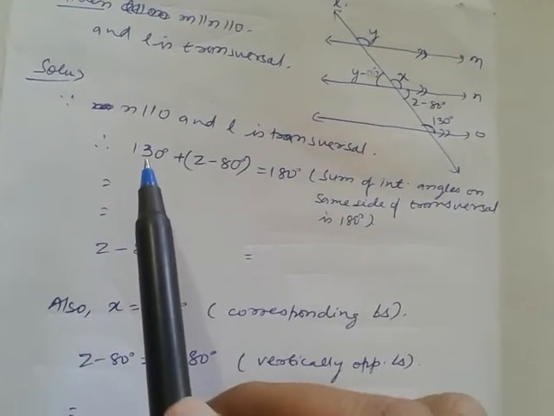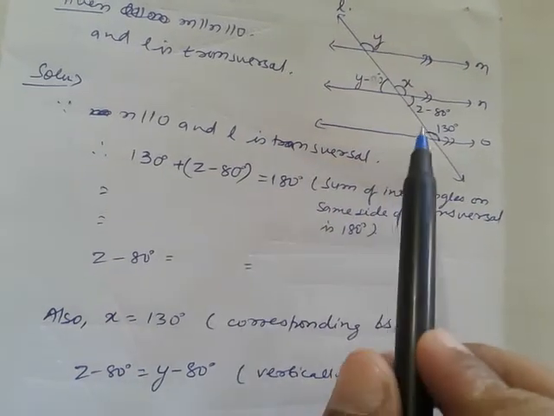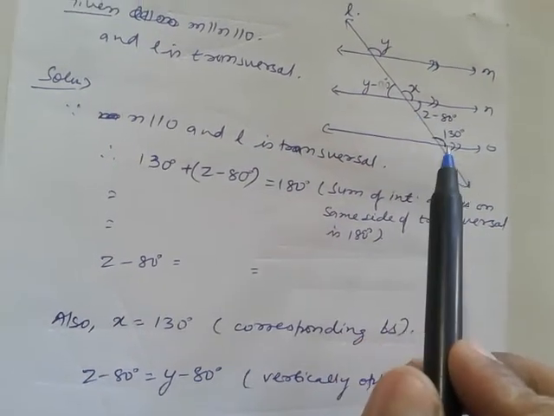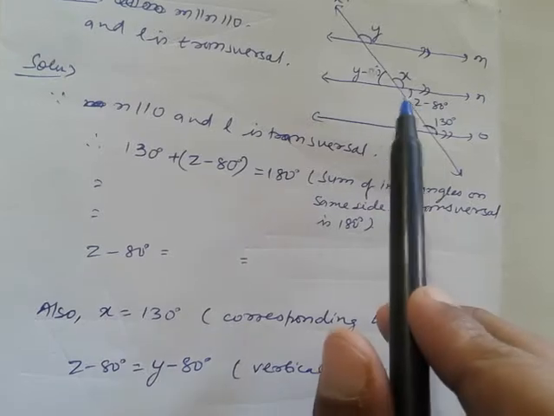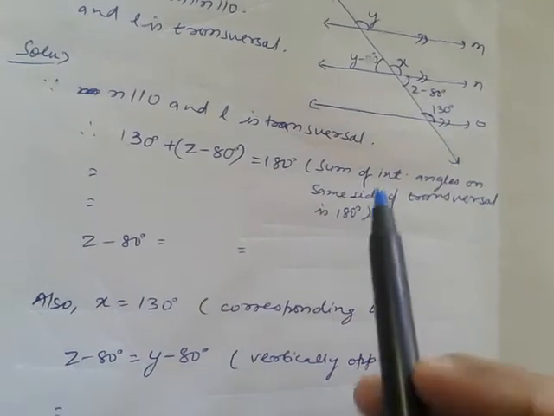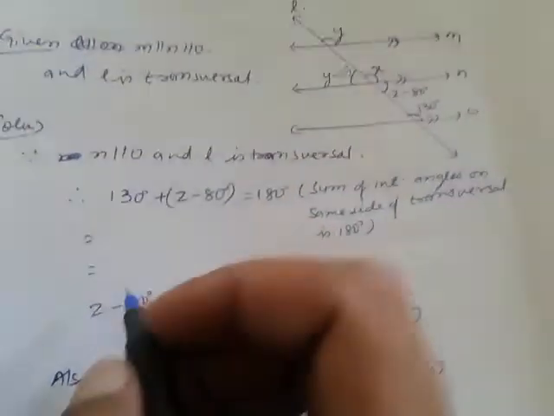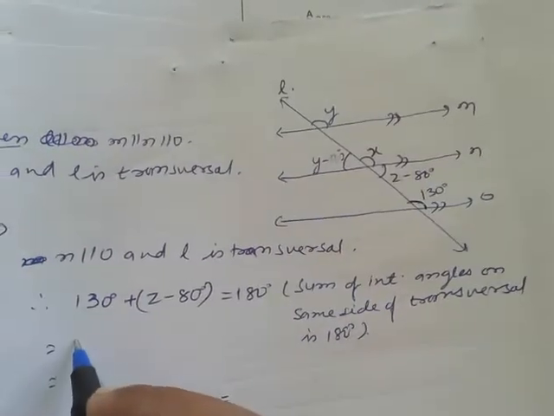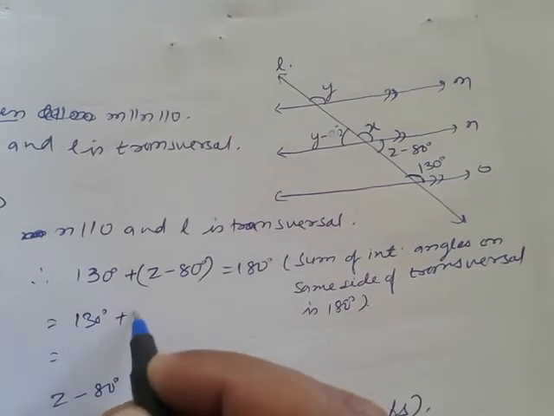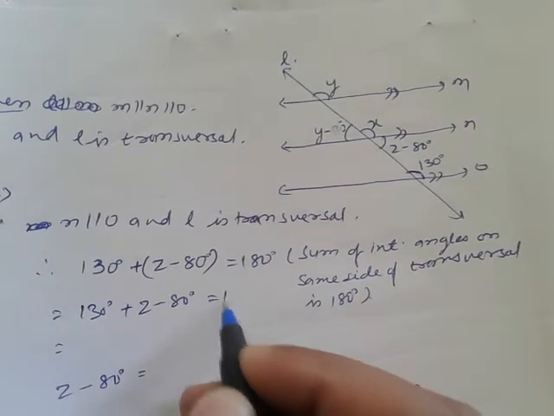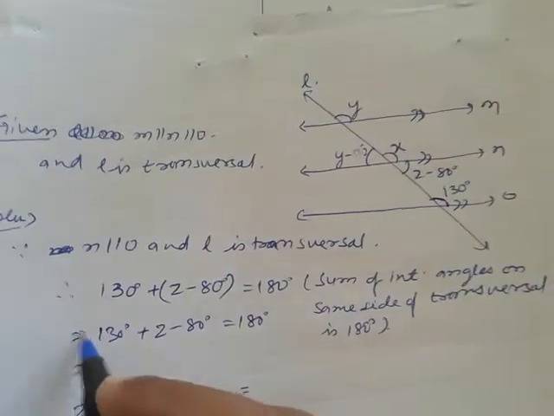So what happened? 30 plus x minus z, and z minus 80. These two are interior angles, and the sum of interior angles on the same side of the transversal is 180. That's why I have written it, and from here we have to find z. We remove the bracket and get this.